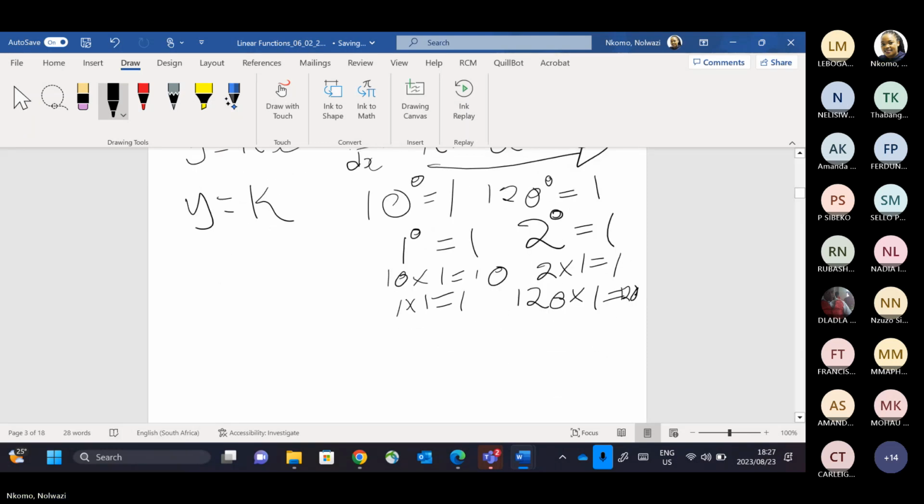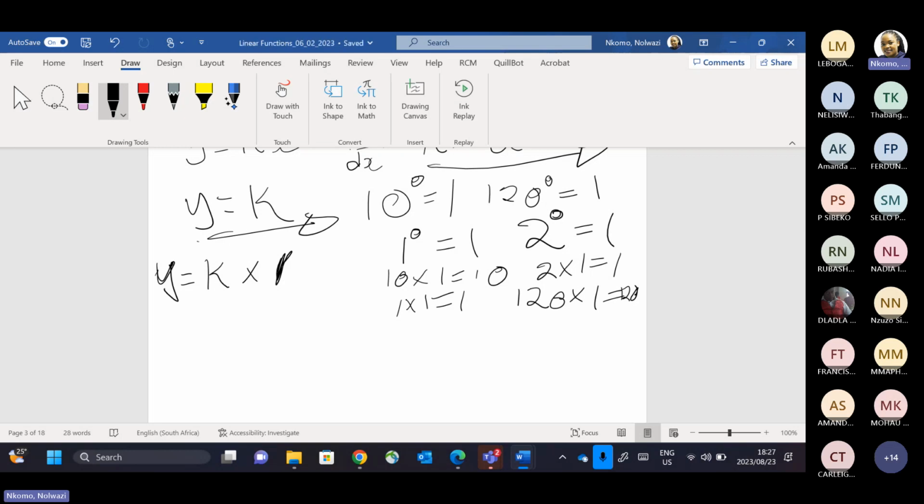And let's go back here. We said k is a constant, meaning k can be any number, right? And we said any number multiplied by 1 gives that number, right? So this means we can write this term as y equals k times 1, right? Okay, I hope we are still together.